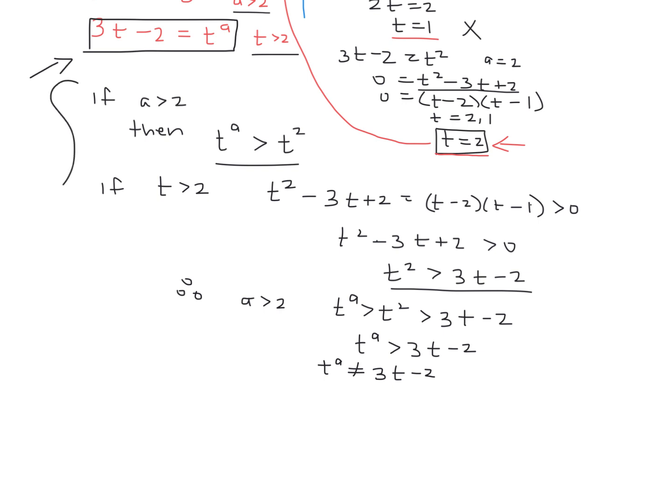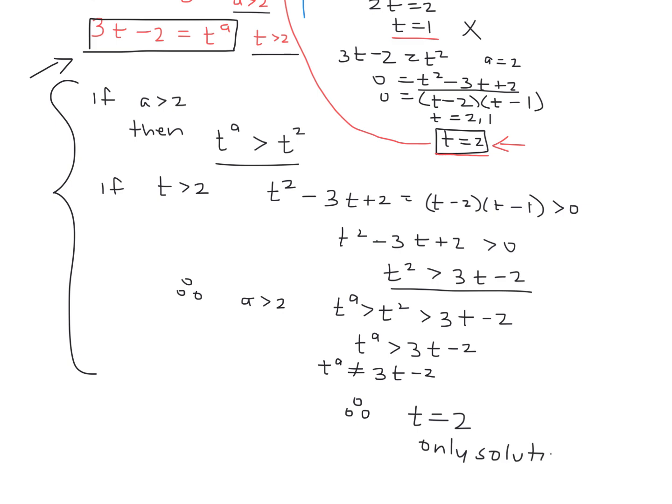So hopefully that made sense. I didn't want it to become too complicated. I tried to explain it as simple as possible. So that basically means that the only value of t that works is 2. It is the only solution.